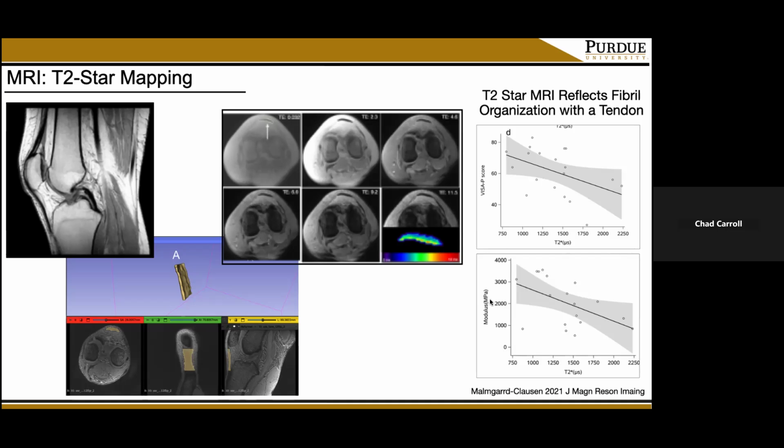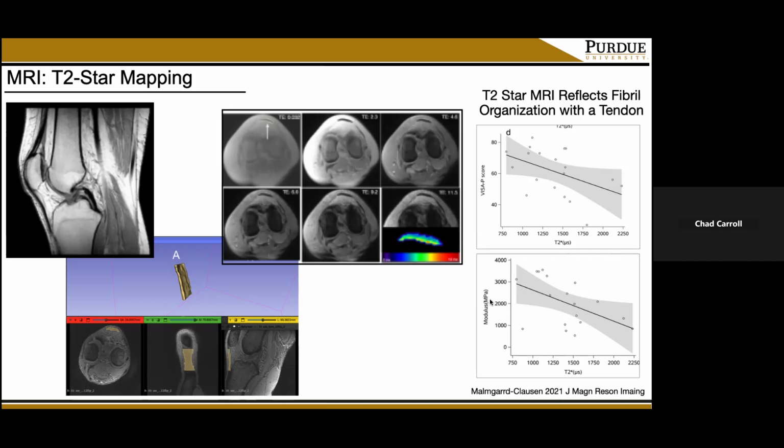Basically, we set the individual up to assess the patellar tendon, which you can see here, and we run a special ultra short T2 star sequence that collects multiple TEs. Through a bunch of math that I'm not going to get into, the signal that we end up getting from this assessment reflects the actual organization of the tendon.